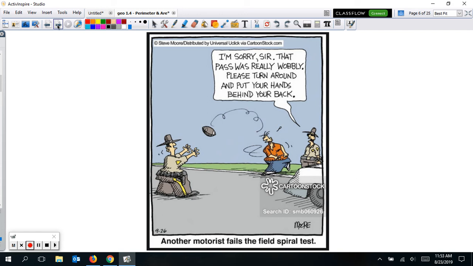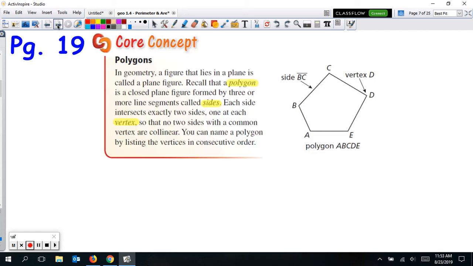All right, well, moving into our lesson, here we go. Key concept on page 19 shows us polygons. So here's where you want to highlight some things, because there's some vocabulary in here. You don't have to write it down in the vocabulary, just highlight inside here. It says, in geometry, a figure that lies in a plane is called a plane figure.